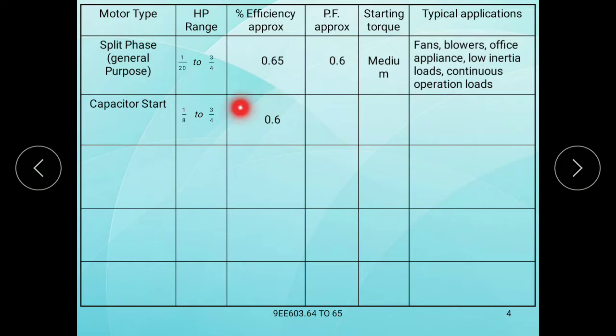Why? In split phase it is 65%, in this case it is 60%.